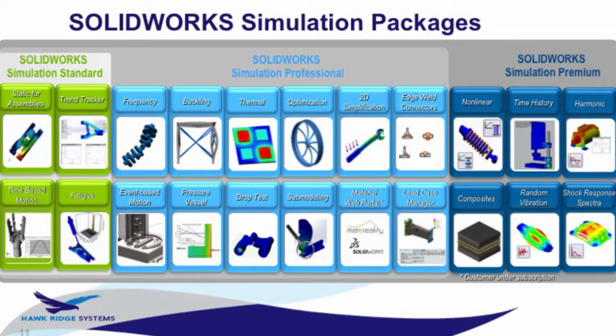Is it strong enough? Once we prove that it's strong enough, the second question becomes, can I make it less expensive? Can I remove material and still maintain its strength? Can I eliminate unnecessary strengthening components? Those are generally the two questions we're asking when we look at stress analysis.